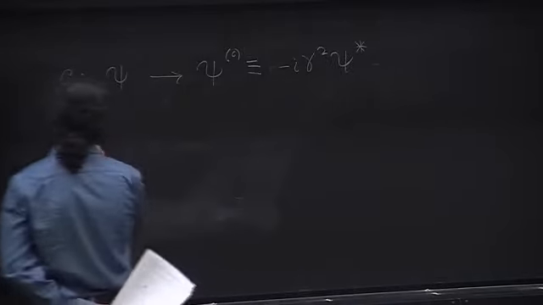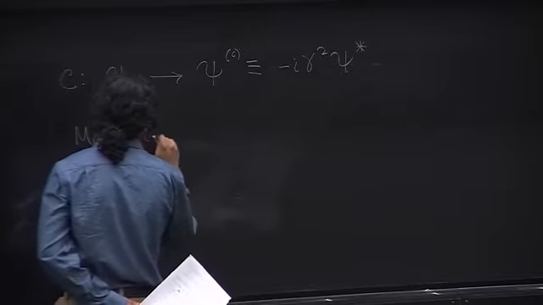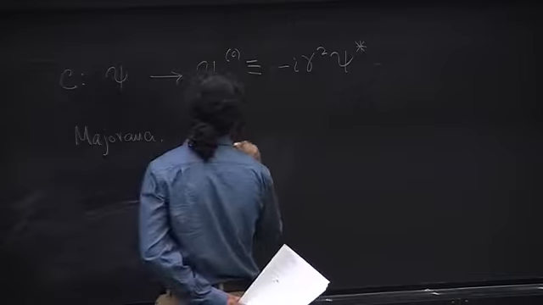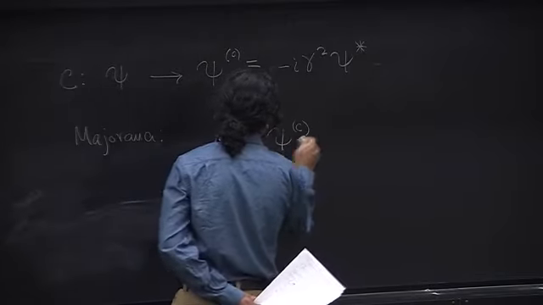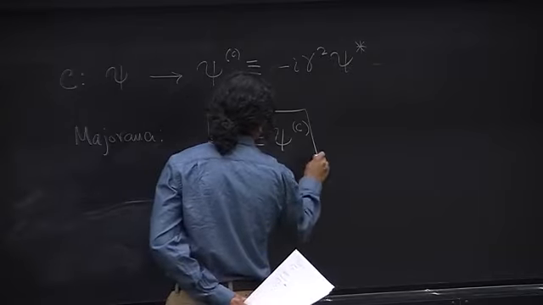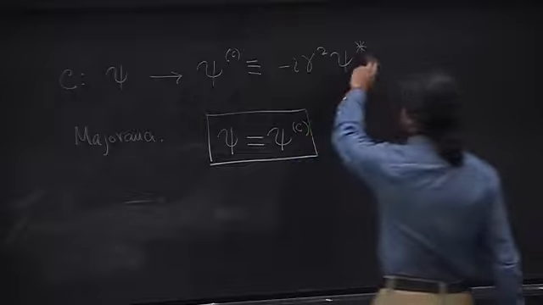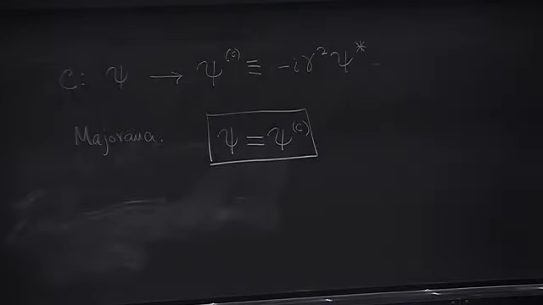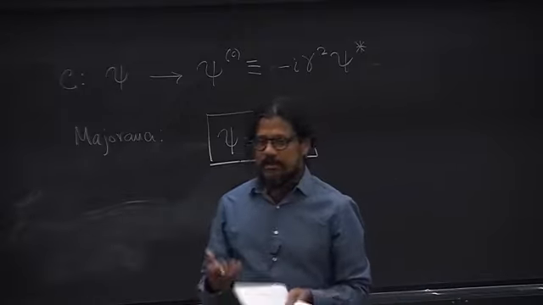Then a Majorana spinor formally is defined as a spinor which is equal to its charge conjugate. This is also called a reality condition, because as you can see, psi c involves psi star. So in some sense, the Majorana spinor is a real spinor.